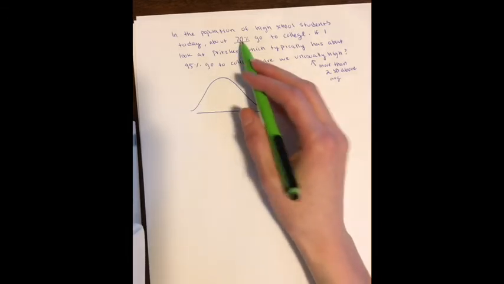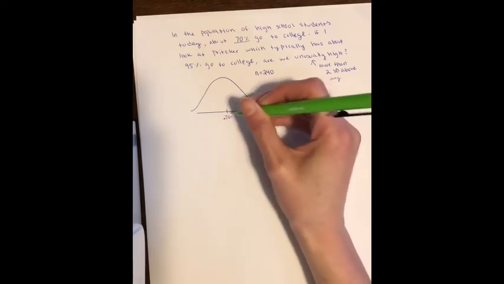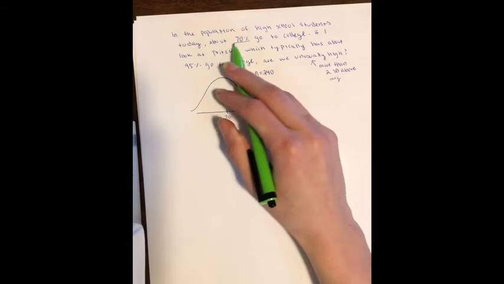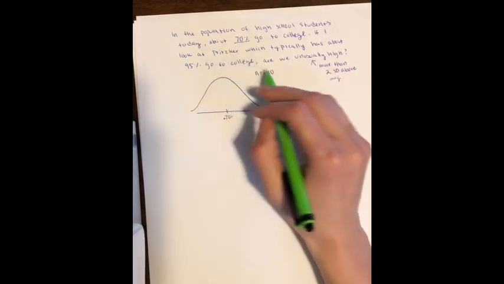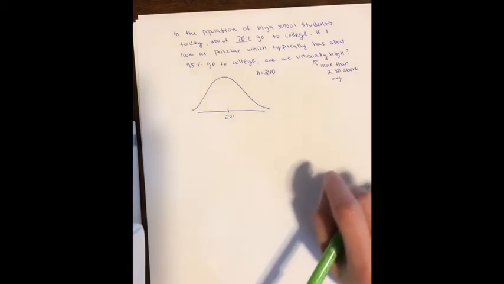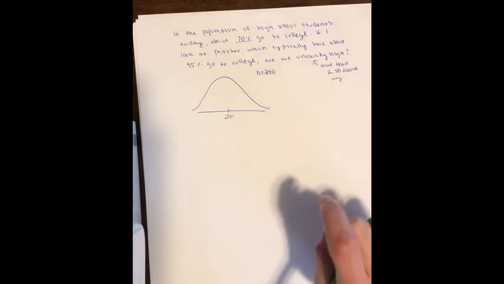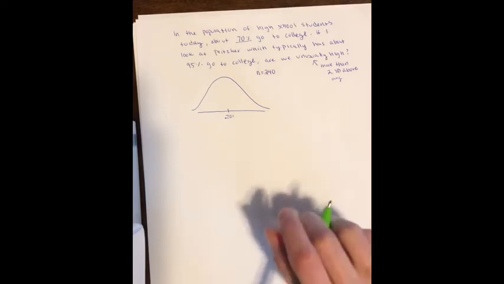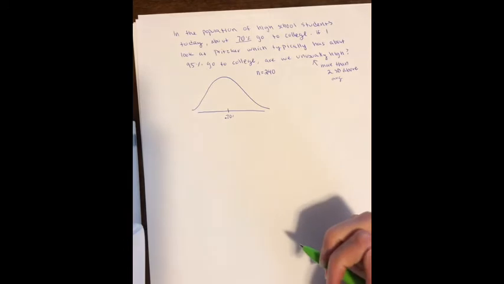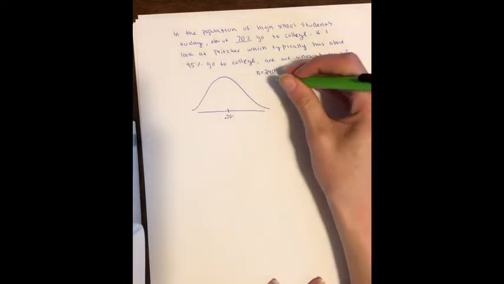Well, I would assume that it's the same as the population, 70% or 0.70. Because most samples will look like the population, right? Like if I took a sample of, I don't know, 200 kids and 68% of them said they were going to college, I would assume that the population is similar to that, right? If it's a representative sample. So that's a good thought here.